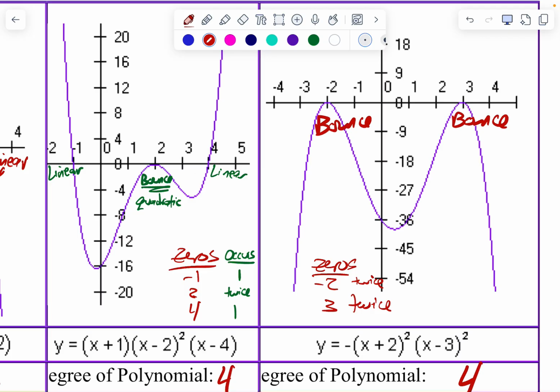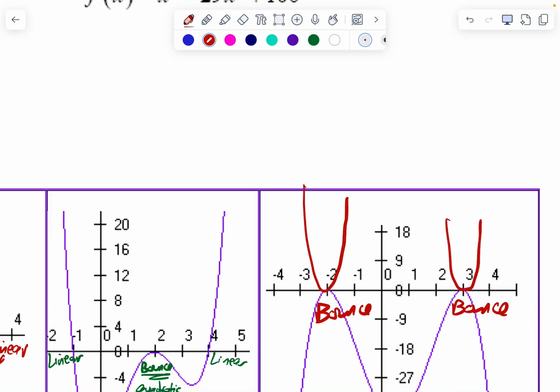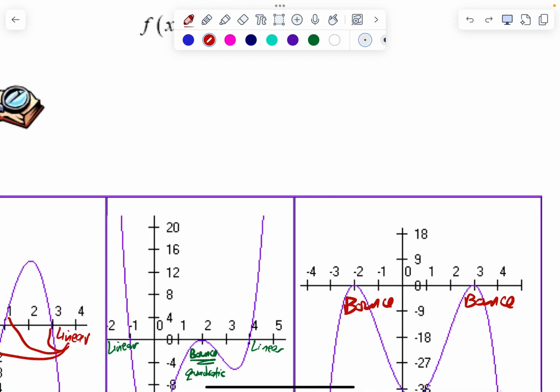Linear pass through, like it goes through and it's just linear. If it occurs twice, how is your 0 going to look? It'll bounce. It could bounce off the top, by the way. If that lead coefficient was positive, it would bounce going up instead. Okay, but it doesn't pass through. It just bounces off.